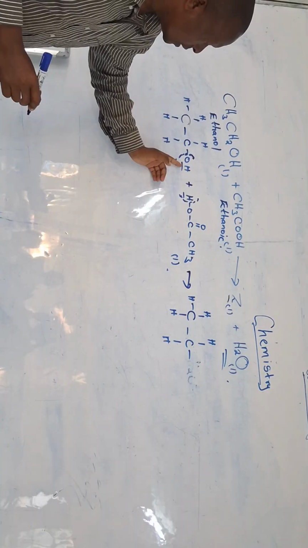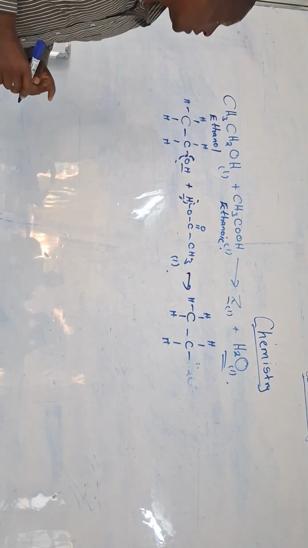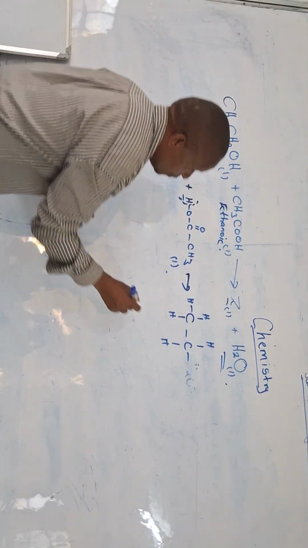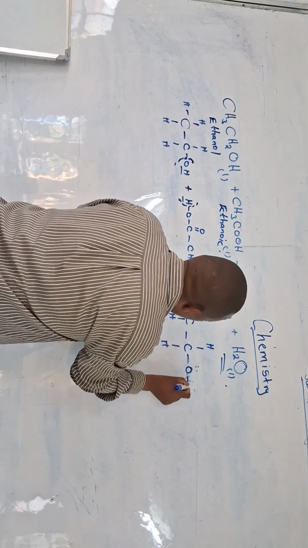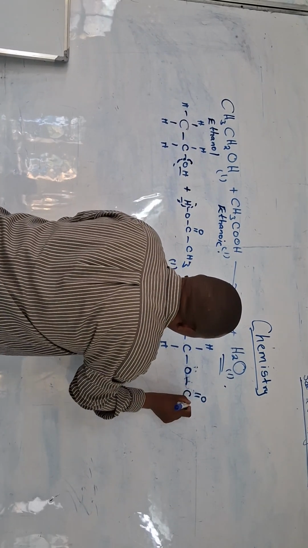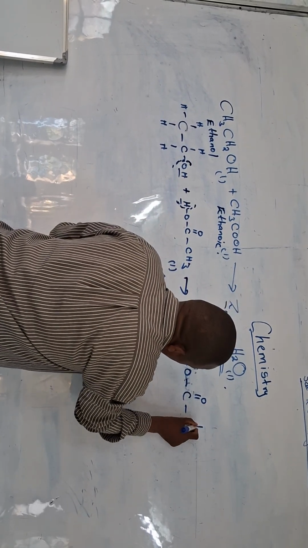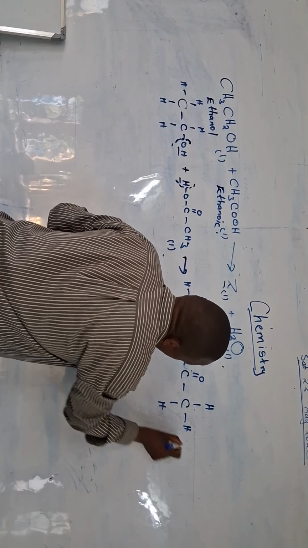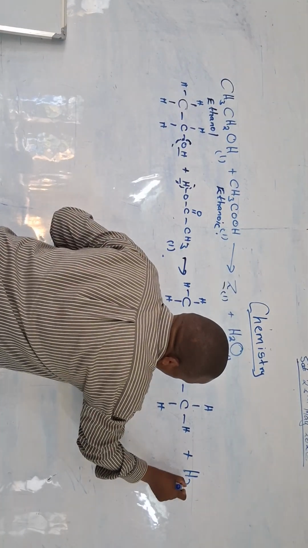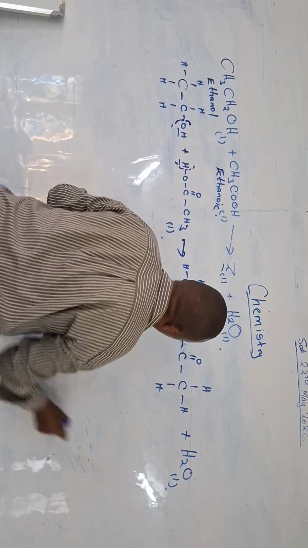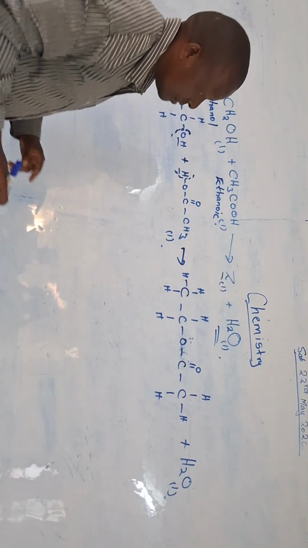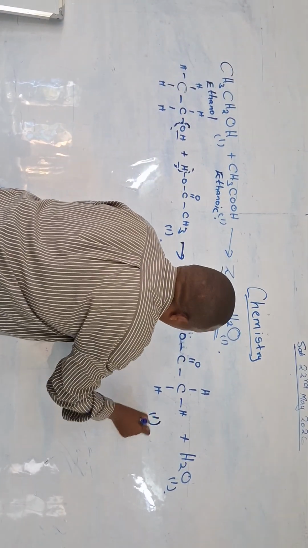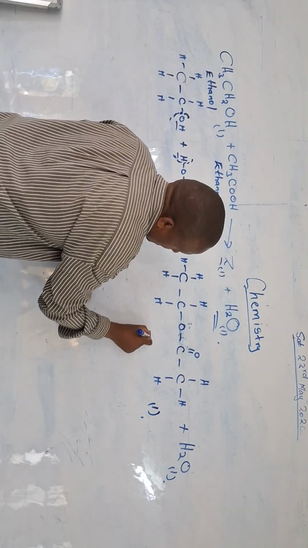Now we skip OH and H because it has already been removed as water. So we continue from O. So these are the products which have been formed. So the product Z is this.